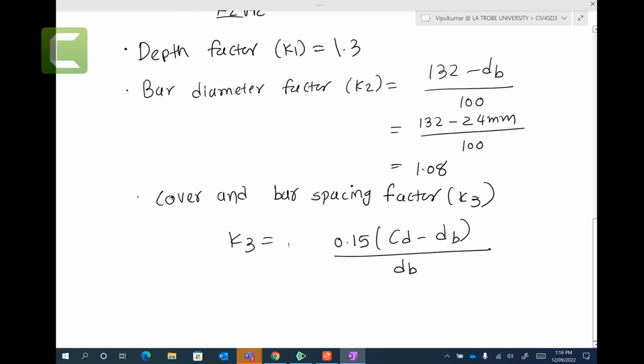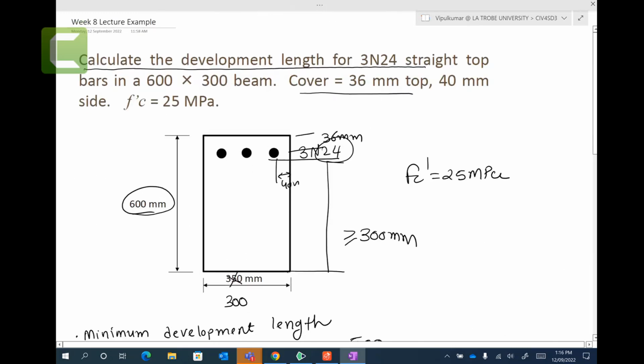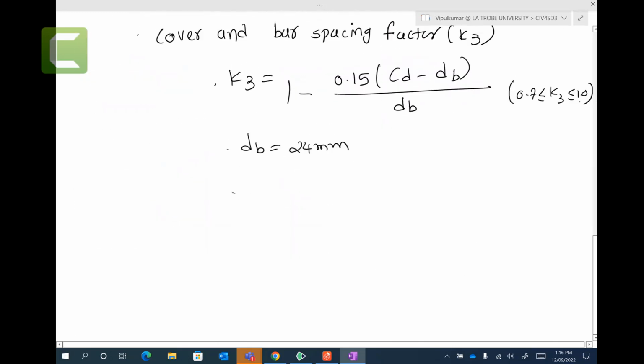We need to make a check that it should fall between 0.7 and 1. So db, we know the bar diameter is equal to 24 millimeters because we were given N24. Now cd we need to calculate.